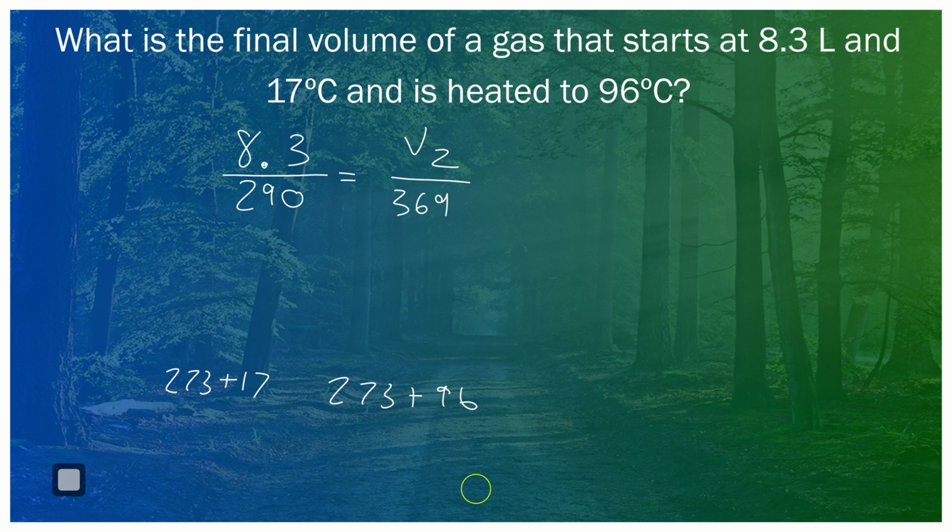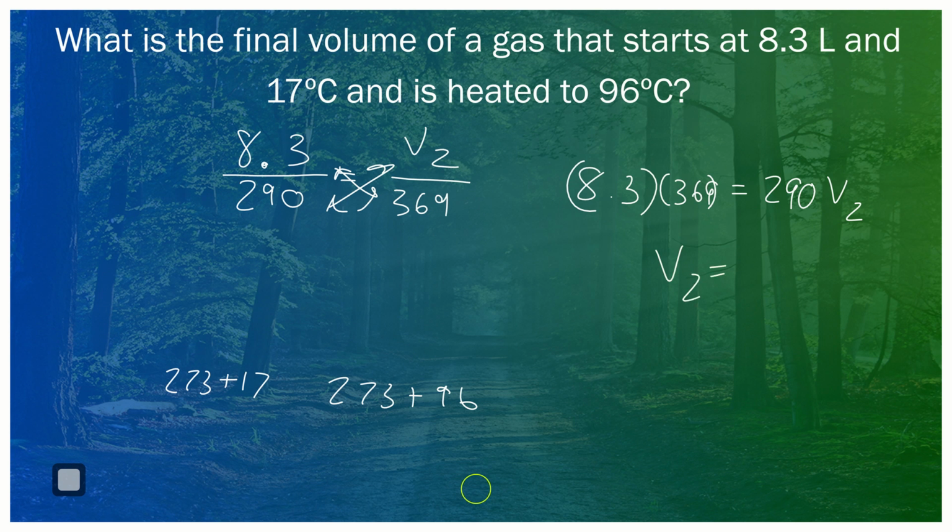And cross multiply. 8.3 times 369 equals 290 V2. 8.3 times 369 divided by 290. V2 equals, I'm in 2 sig figs, 11 liters.